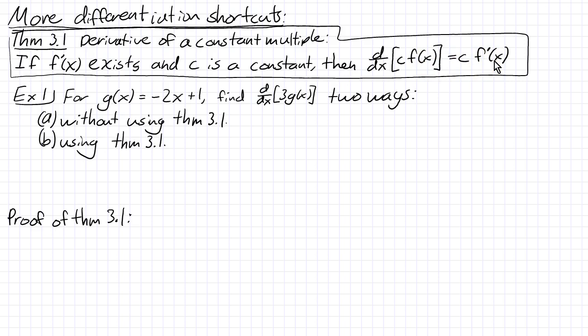So what I want to do is just do a quick example of that and then check that we could maybe do this without the theorem if we wanted to.